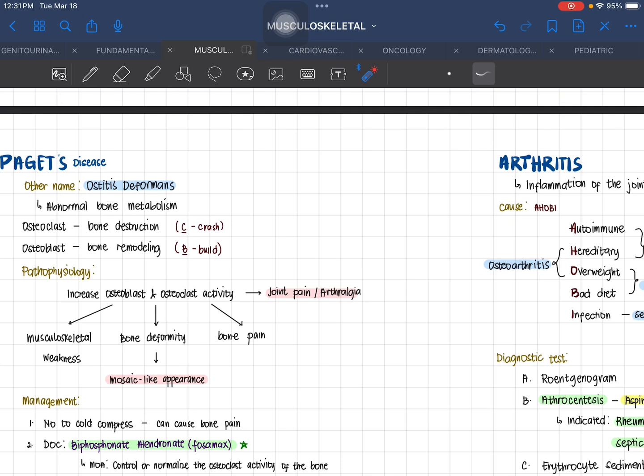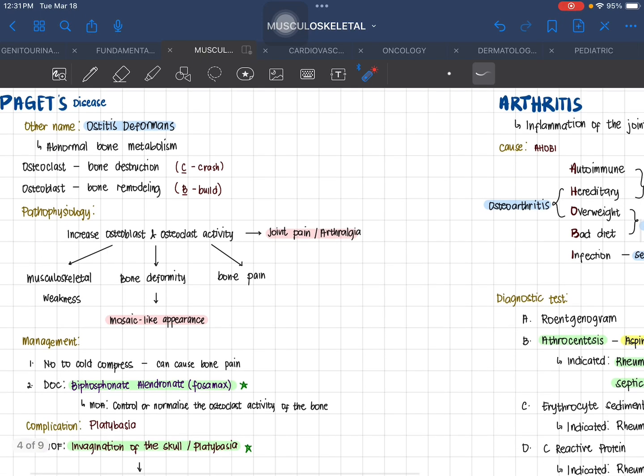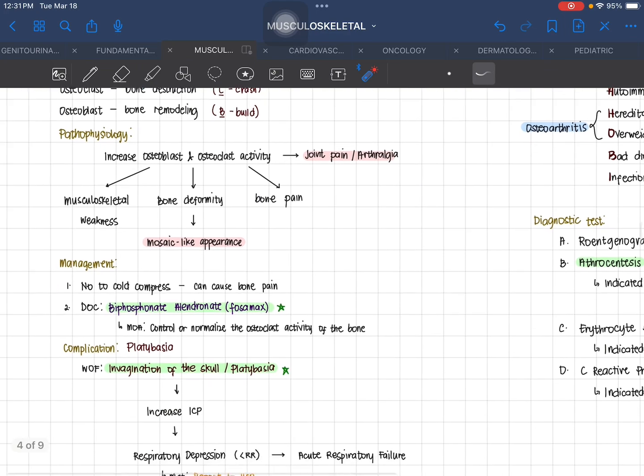Of course, that's abnormal, so the patient experiences joint pain or arthralgia, also bone pain, musculoskeletal weakness, and bone deformity. Under bone deformity, what you will see in the patient is a mosaic-like appearance.